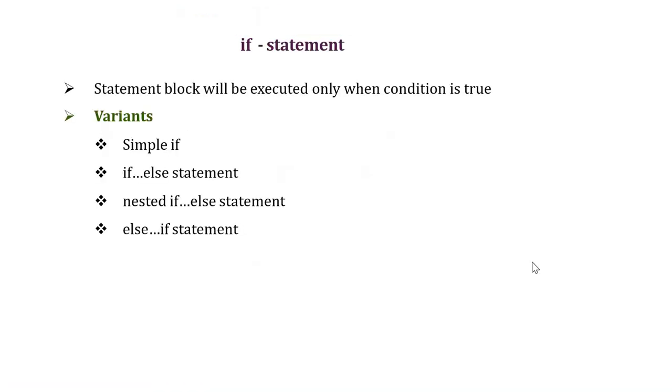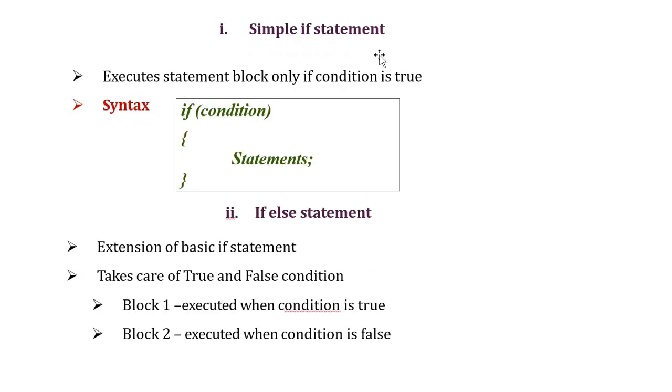Now let us see what if statements we have. A statement block will be executed only when a condition is true. That is your if statement. These are the variants of if: simple if, if else, nested if else, and else if ladder. So what is simple if? It executes a statement block only when the condition is true. This is the syntax of simple if.